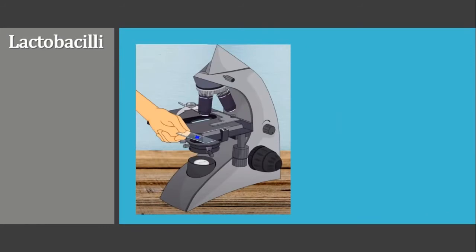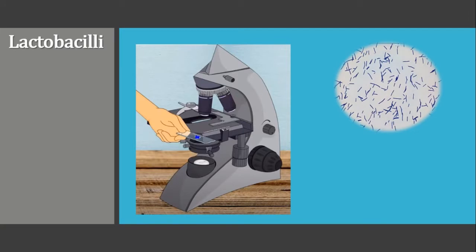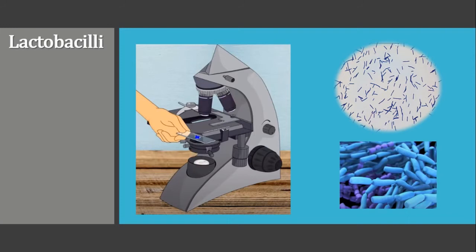For this, smear a drop of fresh buttermilk on a glass slide. Stain it with methylene blue and put a cover slip over it. Observe the smear under the 10x objective of a compound microscope and then with the more powerful 60x objective.